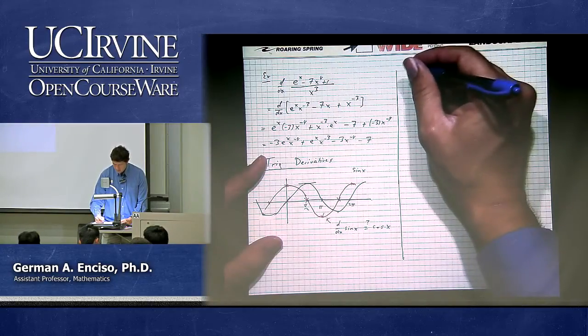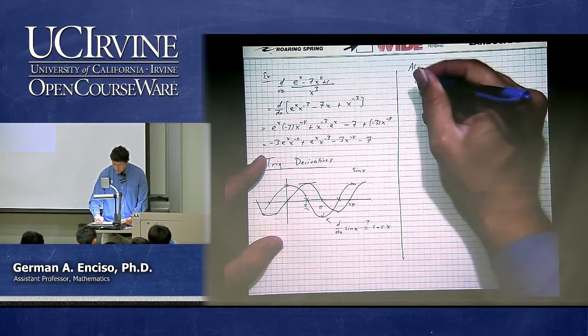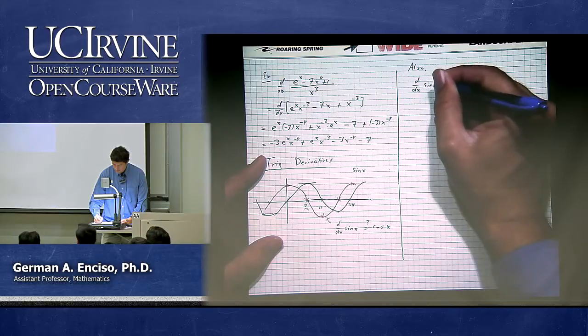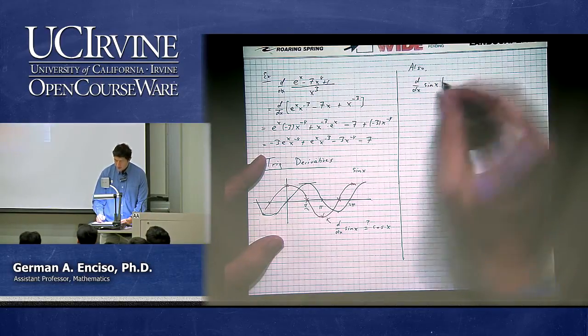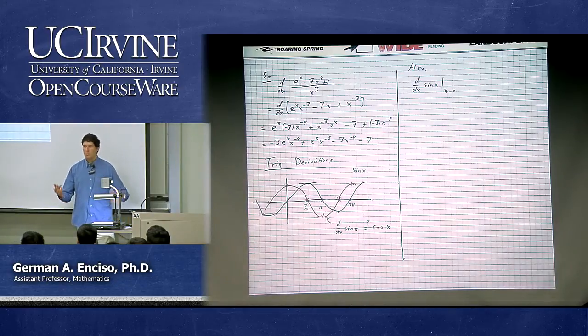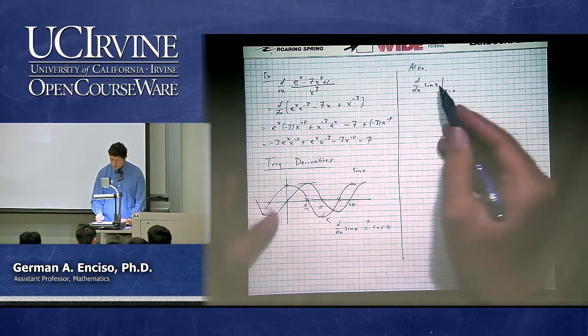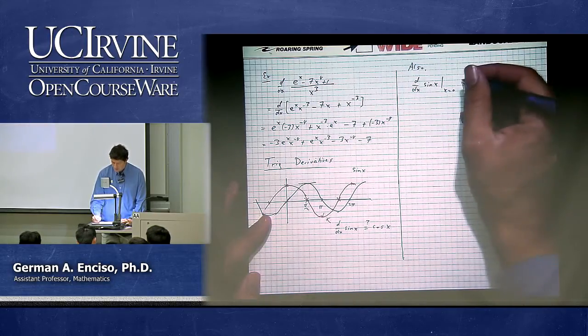So the derivative of the function sine of x at the point x equals 0. Again, this notation looks very cumbersome, but think about what function we're talking about, and where we're differentiating. So we're differentiating the function sine of x, and we're differentiating it at the point x equals 0.